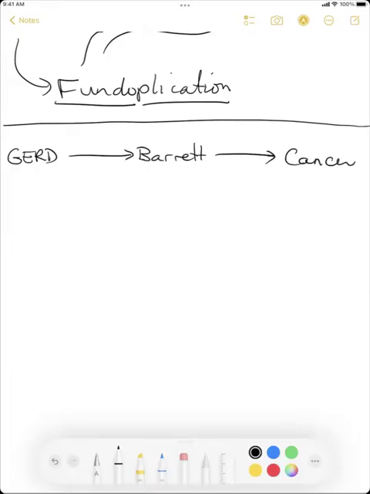And the idea here is that this long-term inflammation can eventually lead to metaplasia. And in some cases, we don't exactly know what will cause the metaplasia to transform, but in some cases, people will get cancer.